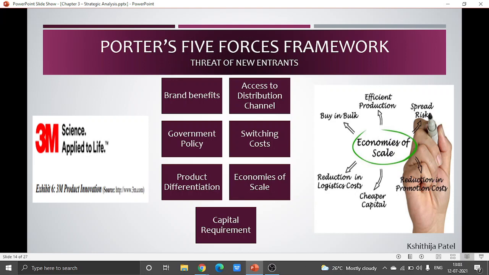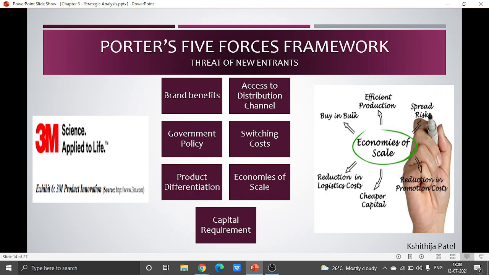Then we have economies of scale. The firms that operate at a larger scale tend to get the benefits of lower production costs because of economies of scale. Over the years, an already established firm in an industry might have attained that scale of production.